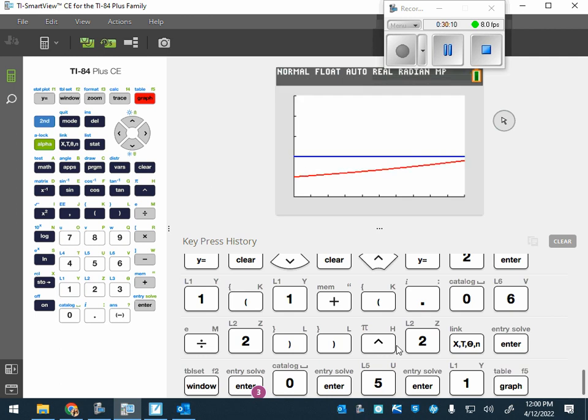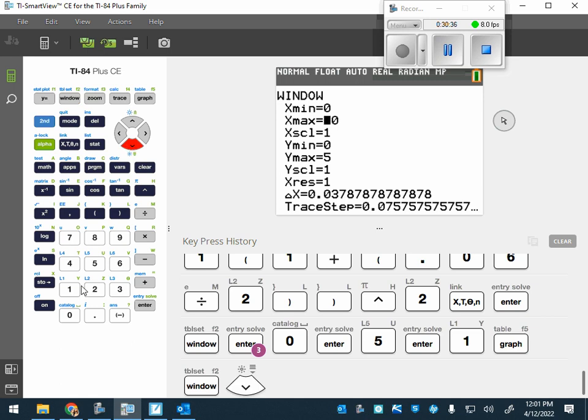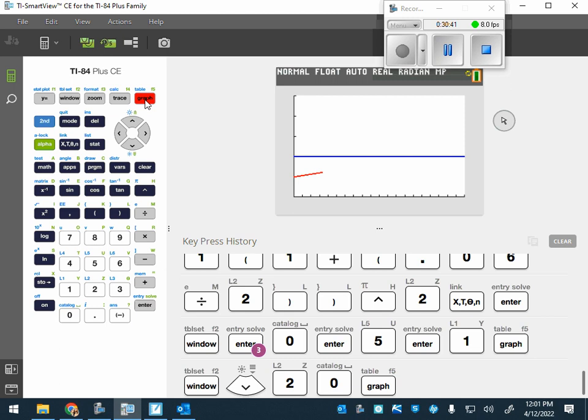Okay, so if you did 0 to 10, this is roughly what you would see. Okay, do we see an intersection? No. Since we don't see the intersection, your second trace, number 5 intersect, you'll get an error message, no sign change. So what do we have to adjust in this case? Yeah, Andrew. The X max. So let's bump that guy up to 20. And now graph.